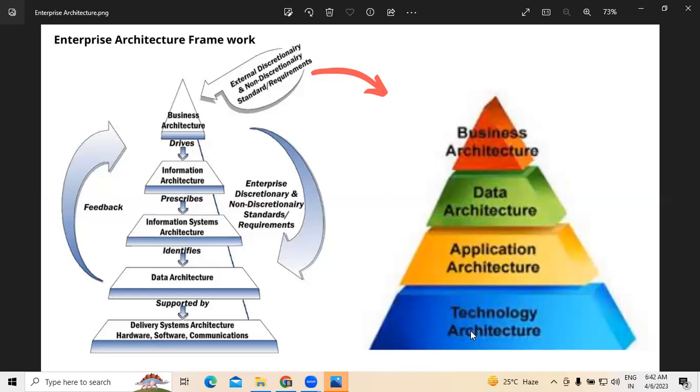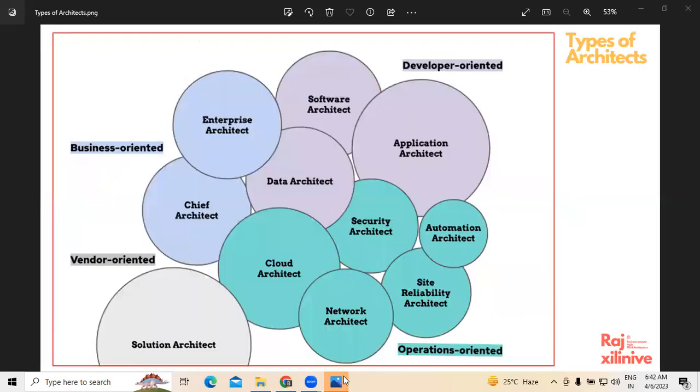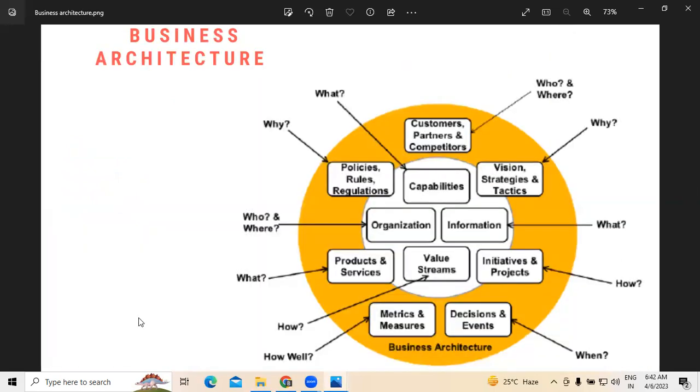Now, what does business architecture stand for? Business architecture is a combination of the business activities of any organization. This is what generally business architecture is. So business architecture is combined with these many things. Why do we require knowing about business architecture for any enterprise?